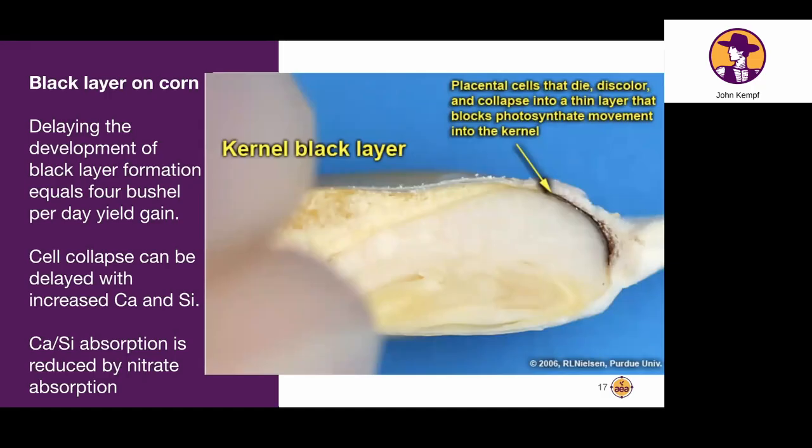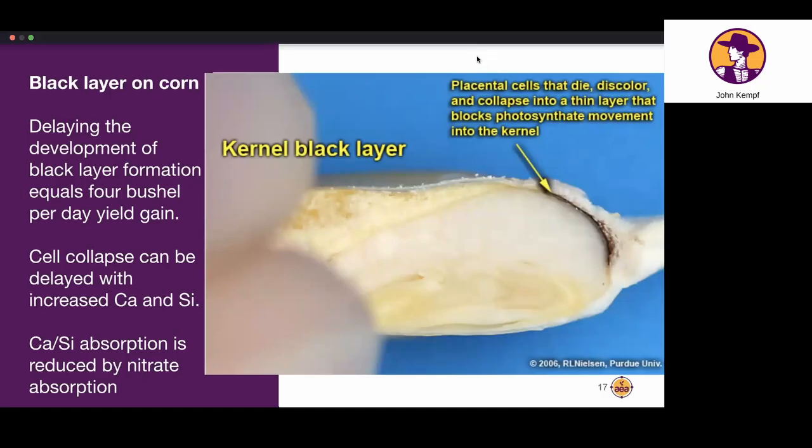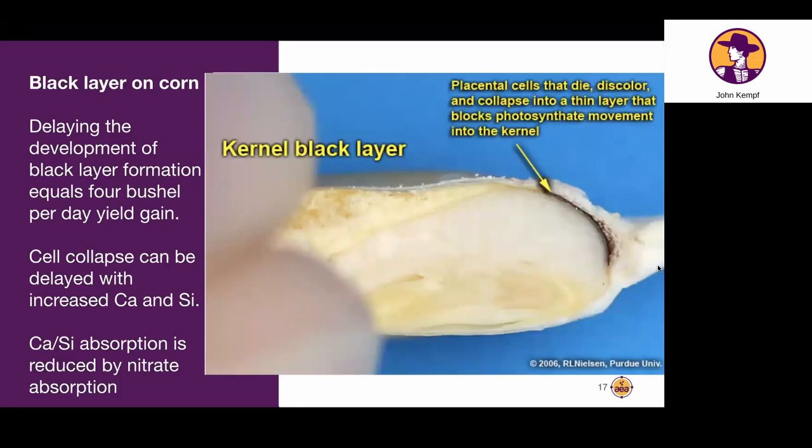So I'm going to go through a few specific crop examples. The minutes keep ticking by pretty quickly here, but I want to give you a few quick crop examples of how nitrogen creates yield drag. And actually, I'll get to this point on vegetation yet in a bit here.